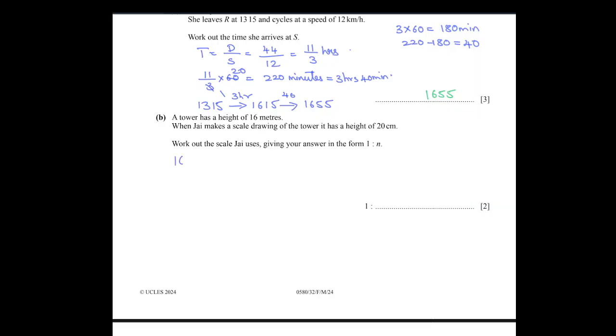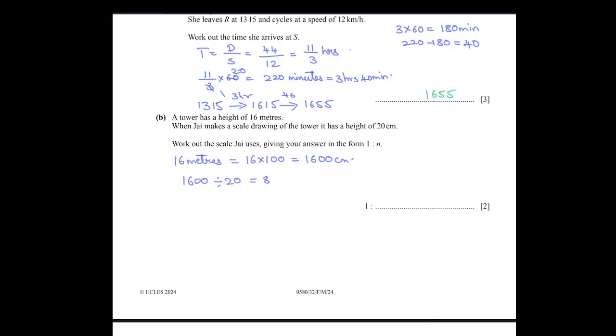So convert 16 meters, which is equal to 16 into 100 centimeters, that is 1600 centimeters. So 1600 centimeters divided by 20, because the height of the drawing is 20, you will get 80.